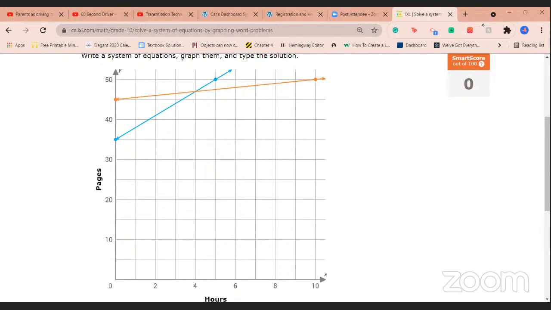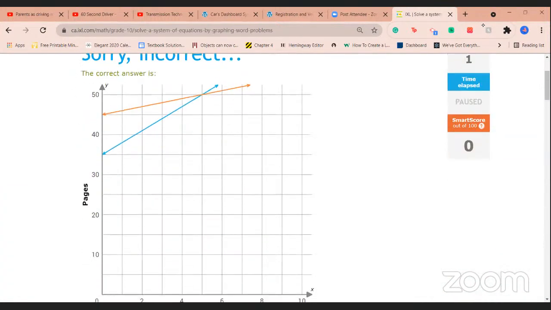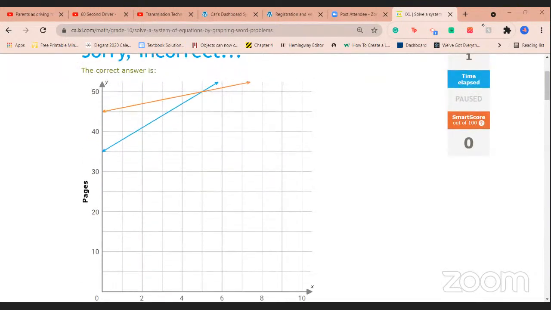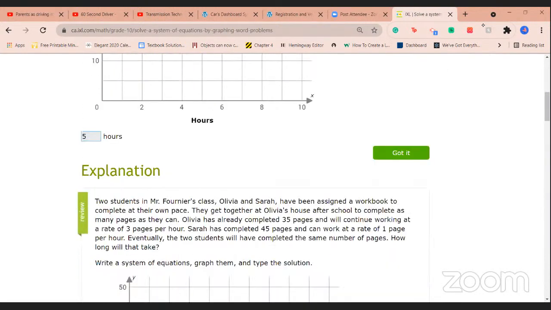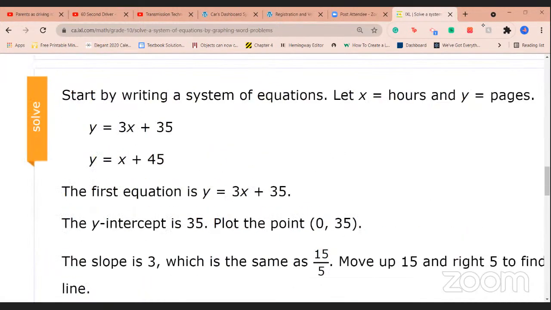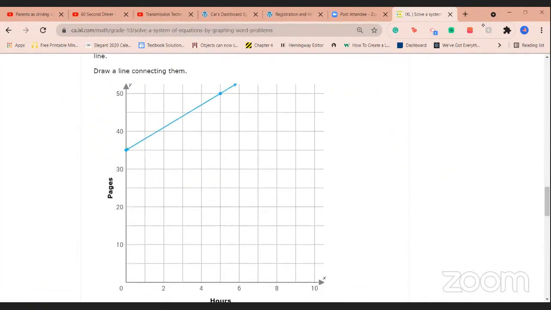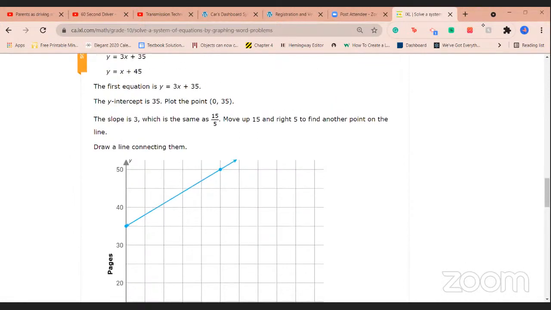In 4 hours. Okay, so we graphed it a bit wrong. Good job. Let's see what equations we got. Did we not get the same equations? We did. Did I click on the wrong button? It was being a little glitchy.